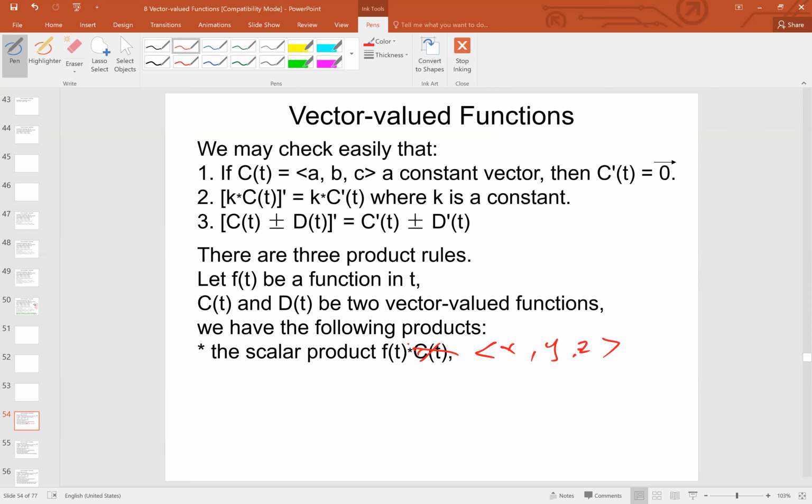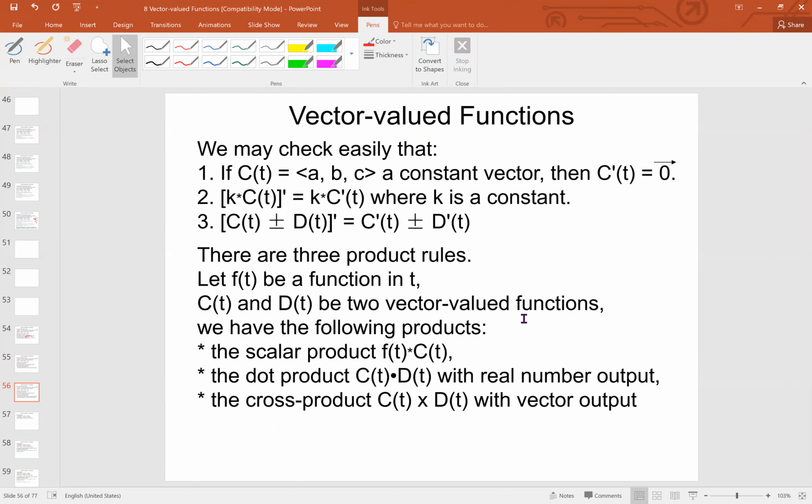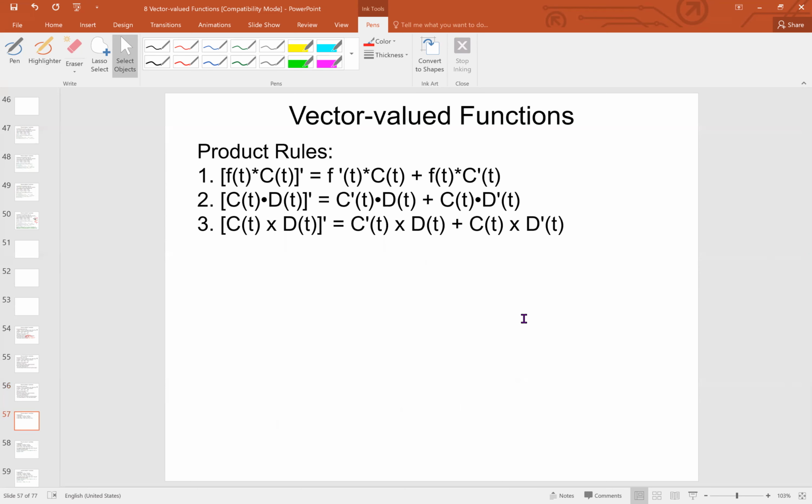Of course, when I multiply this, I multiply f times each component. So there is this product, and that's a dot product, and that is a cross product in 3 dimensions. So the last one is only for C and D in 3-dimensional space. And if I take the derivatives of those products, they follow exactly like the product rule before.